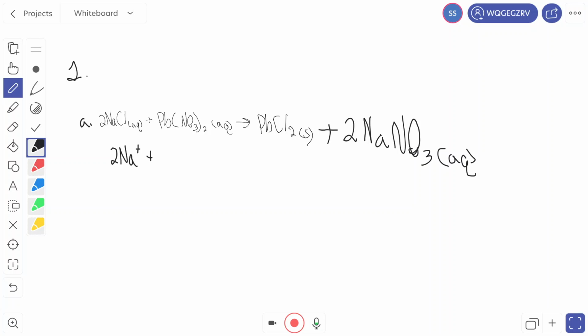plus Pb2+ plus 2NO3− yields. Now our solid doesn't split up, so we're going to hold PbCl2 right there.